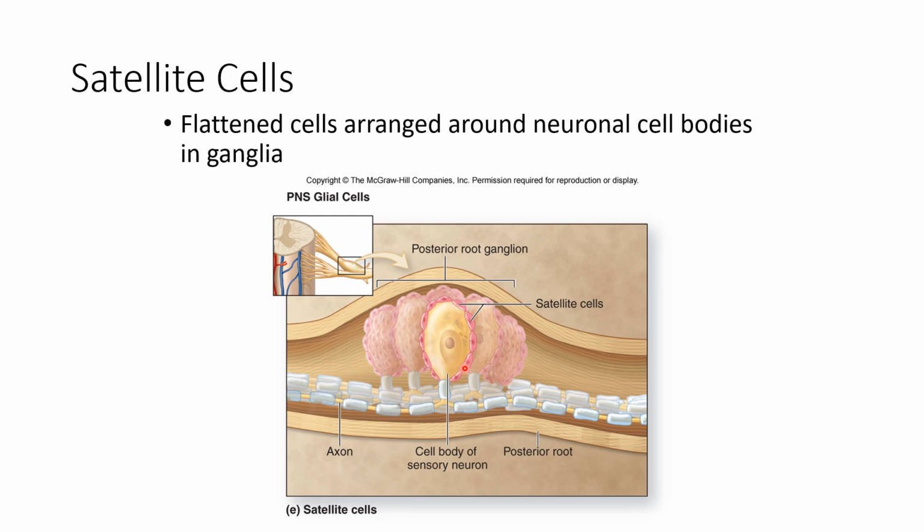If you remember, we said that if we have a bunch of cell bodies in our peripheral nervous system, we refer to it as a ganglion or ganglia. Those satellite cells surrounding the cell bodies have a function very similar to an astrocyte. So they do the same thing as astrocytes.